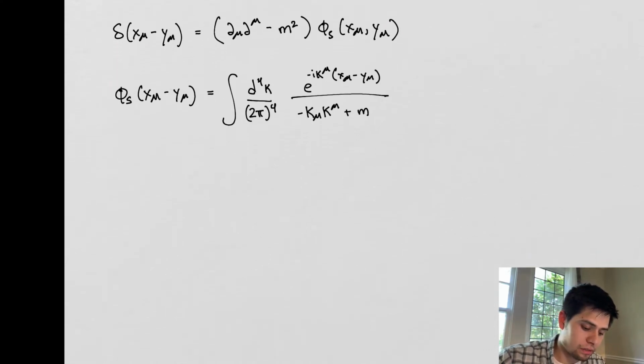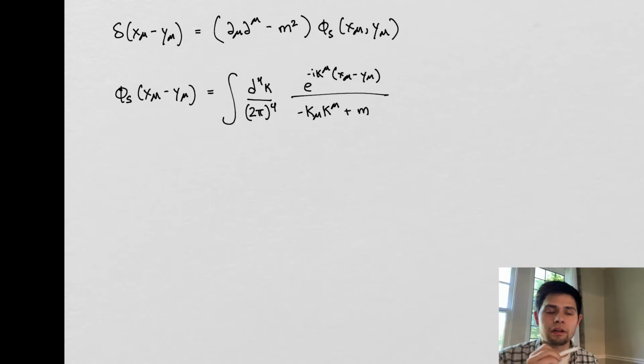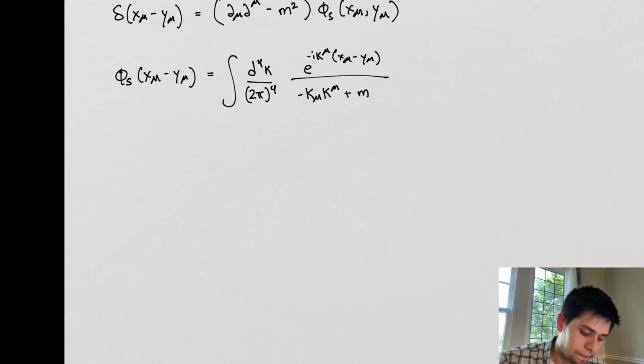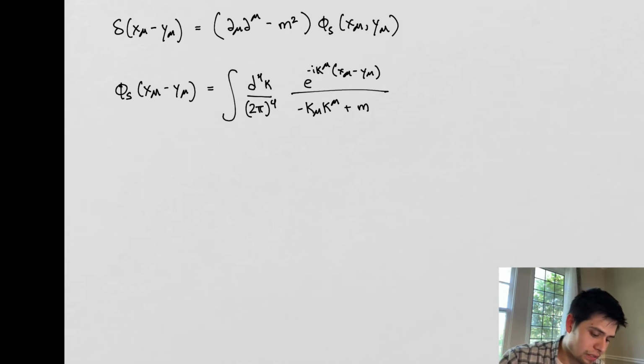Well, let's see if it does, right? So again, this is the Klein Gordon operator. This is our special function that has to obey this to give us a delta function. Because again, we're treating electrons as if they're excited delta functions in these fields. And again, we're just going to do baby steps here. So the first thing I want to do is plug this into here.